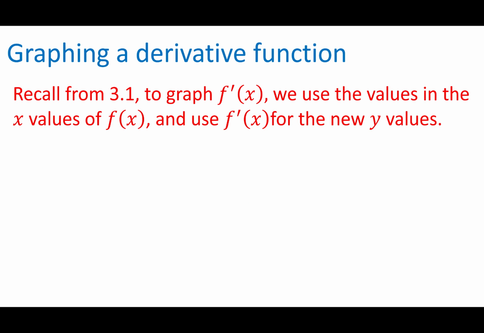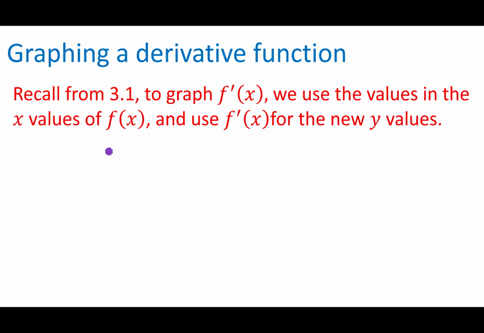Okay, so let's talk about graphing again. This just kind of goes back to what we talked about in 3.1. But for the graph of f prime, we use the x values of f of x, and f prime of x as the new y values.